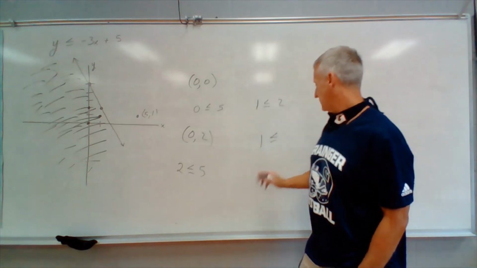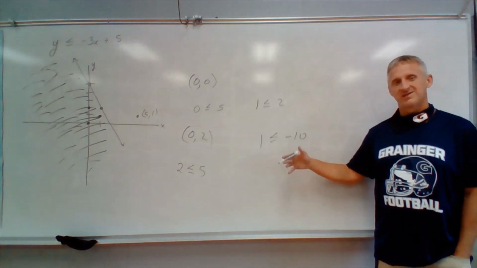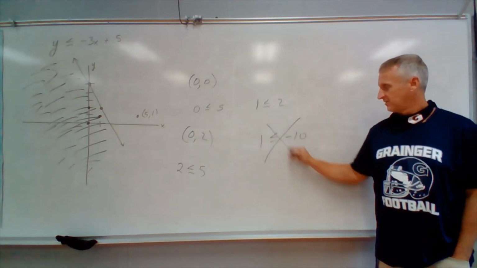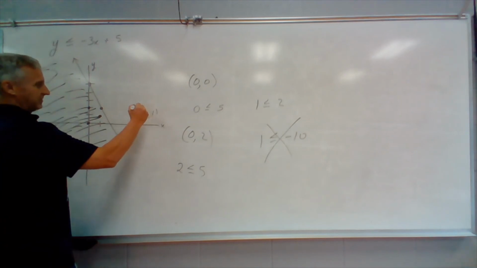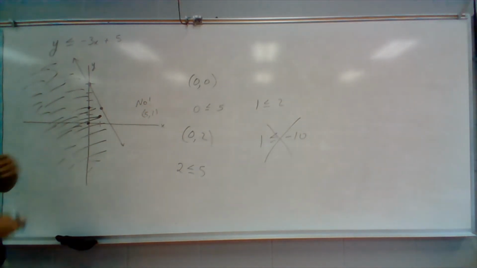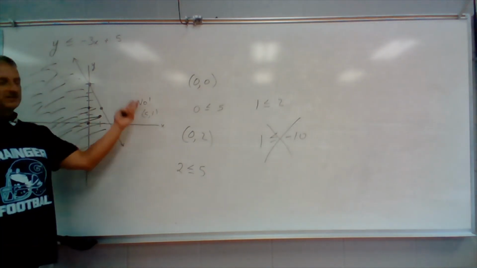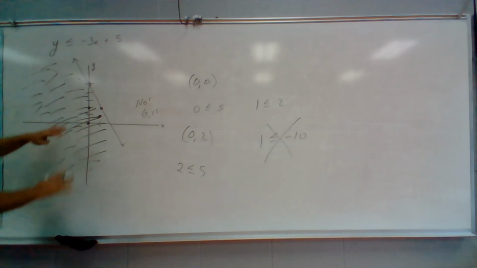Is 1 really less than or equal to negative 10? It's not. So that would not be a solution to that inequality. If you check any point on this side of the line, you'll see that it won't work. All the points on this side will work. So this is the solution set to that inequality.